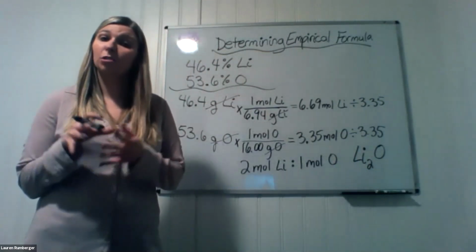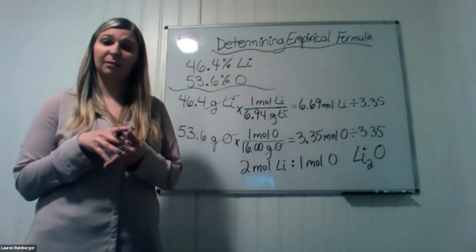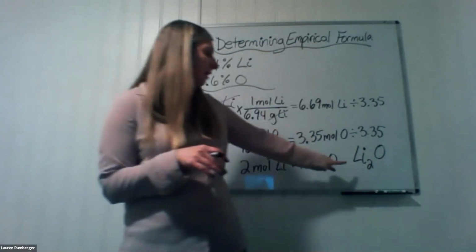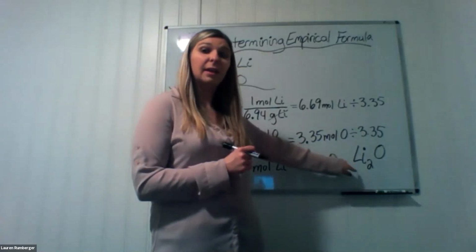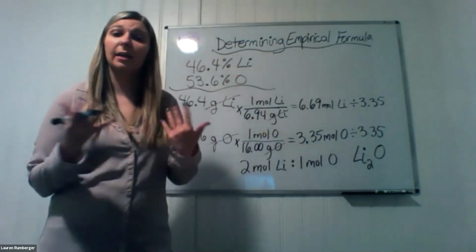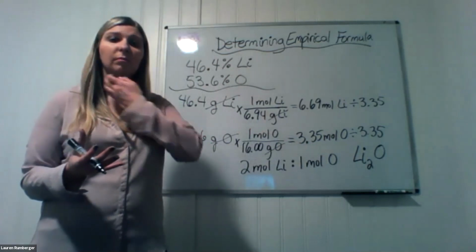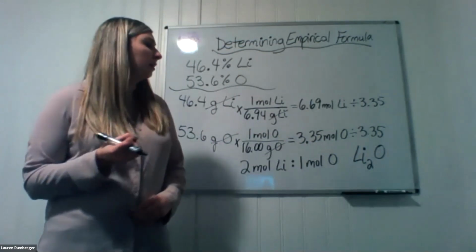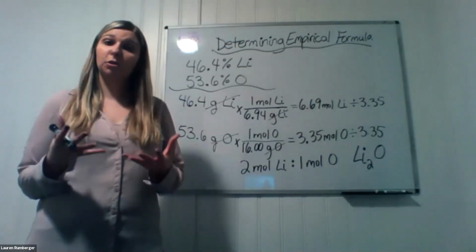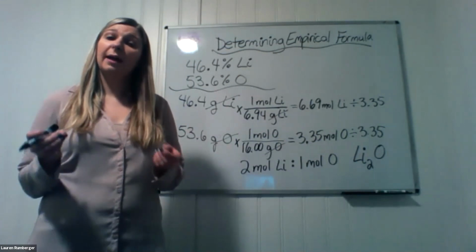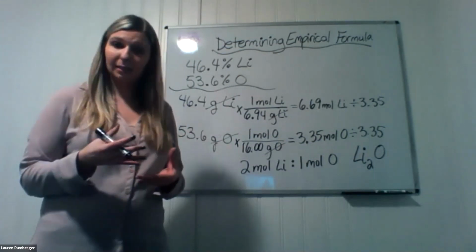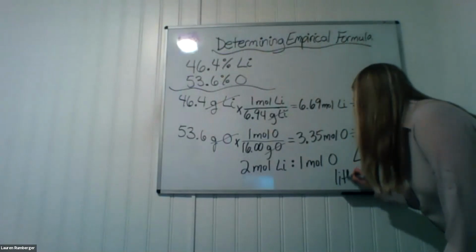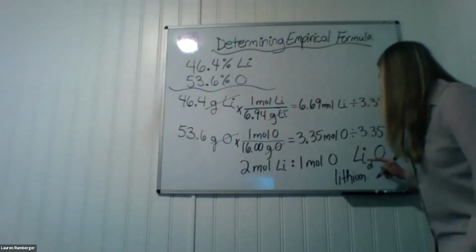So let's take a moment just to review naming ionic compounds, and let's see if we can name this compound. What we have is lithium. Lithium is an alkali metal, so therefore, it has a +1 charge. So it has a predictable charge, and that means that we name it just as it is. So this is lithium. And then how do we name the nonmetal?